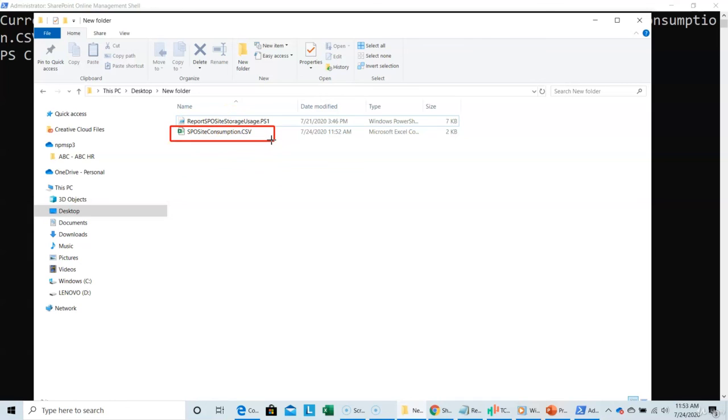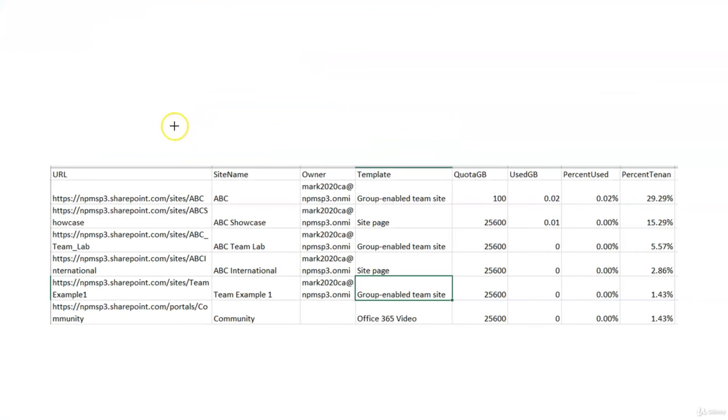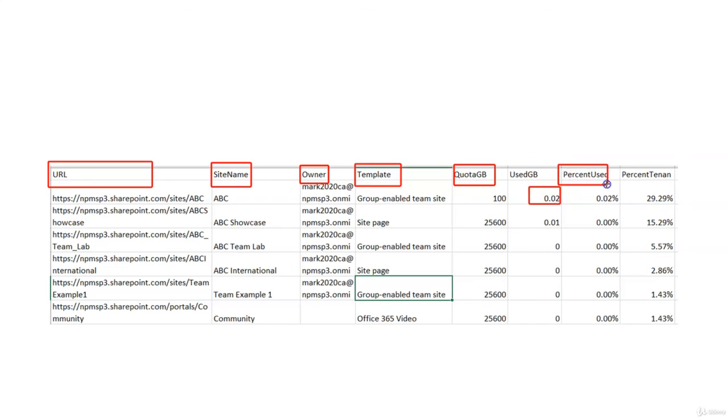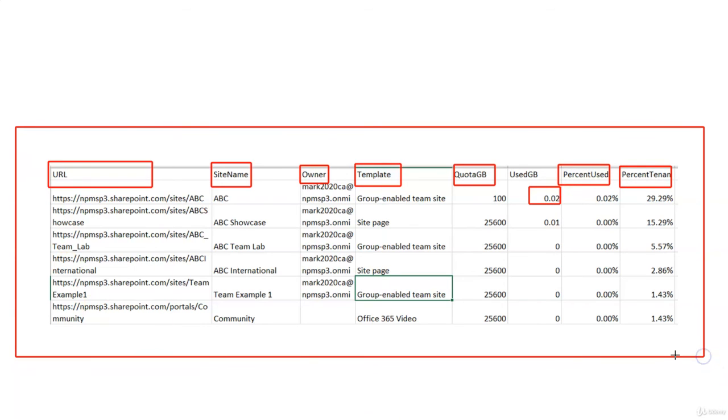If I open this file, I'll see the information. So essentially, this is how you can run your site storage report using PowerShell. The report gives URL, site name, owner, template, what is the quota allocated, used gigabytes, percentage used, and percentage tenant. I'll see you in the next lab. Thank you.